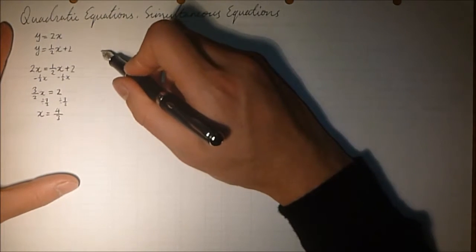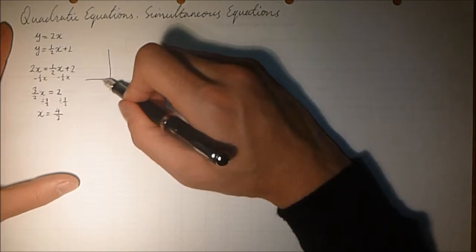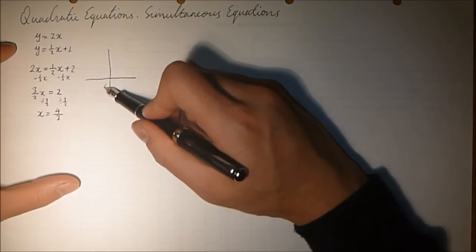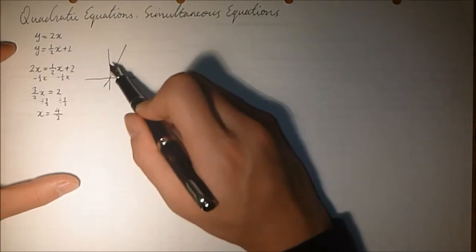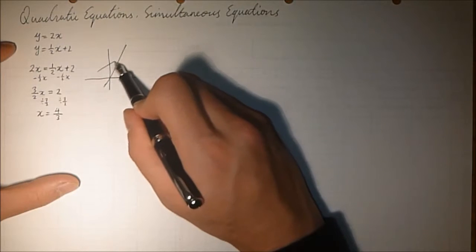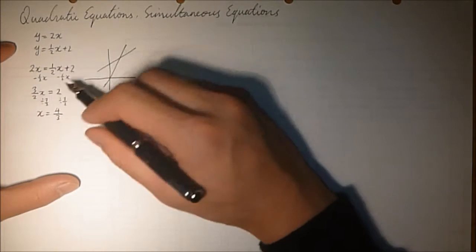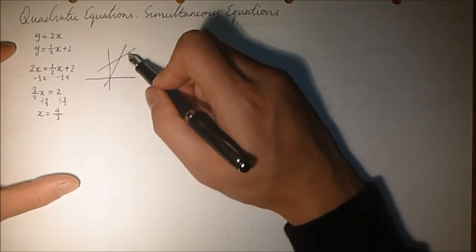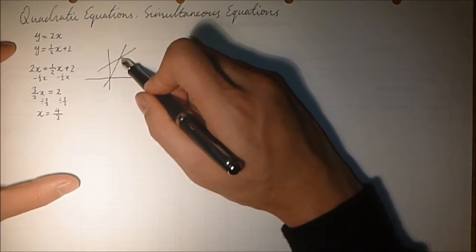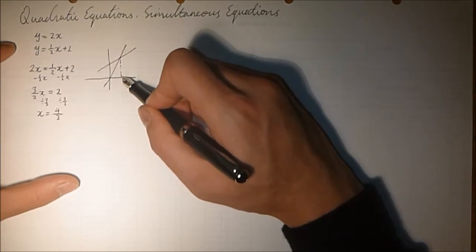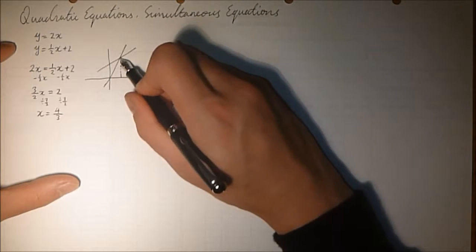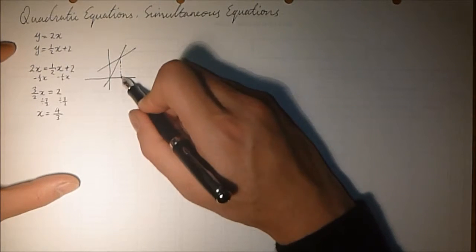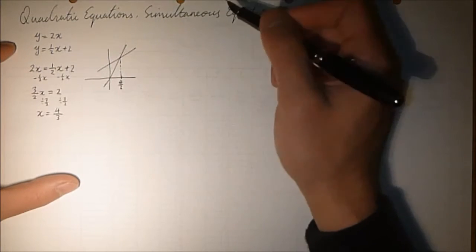What it means is, if we plot the two lines, y equals 2x will look something like this, and the second one will look something like this. And 4 over 3 means the x value of the intercept, where the two lines intersect, is 4 over 3.